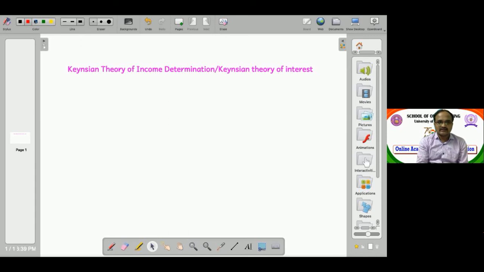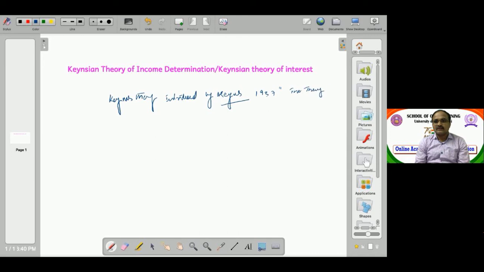You have to write that the theory was introduced by Keynes, K-E-Y-N-E-S, in 1936 or 37, in his book, The General Theory of Employment, Interest and Money.